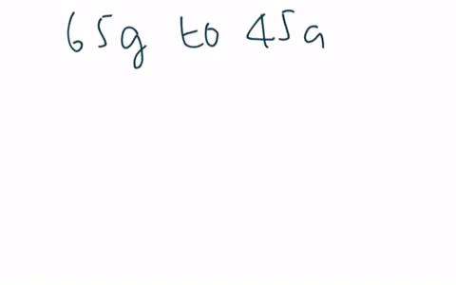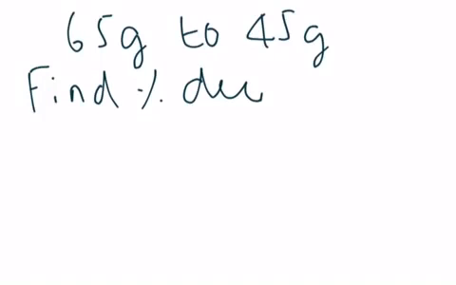A sample of soil is dried in an oven, and we're told that the mass of the soil reduces from 65 grams to 45 grams. The question is, find the percentage decrease in the mass.